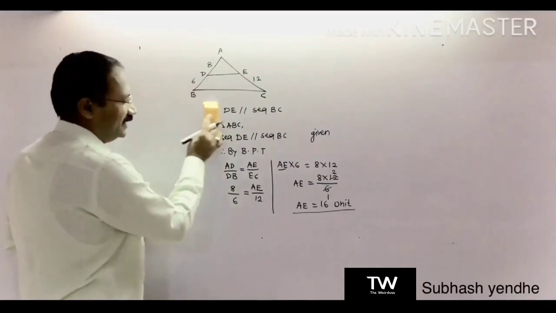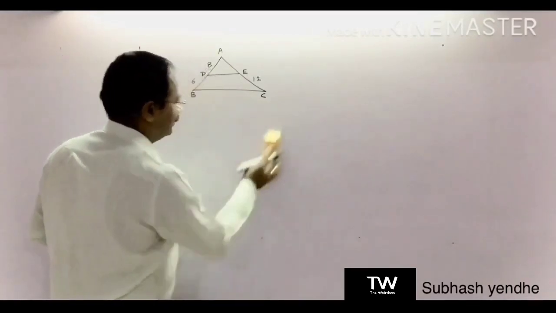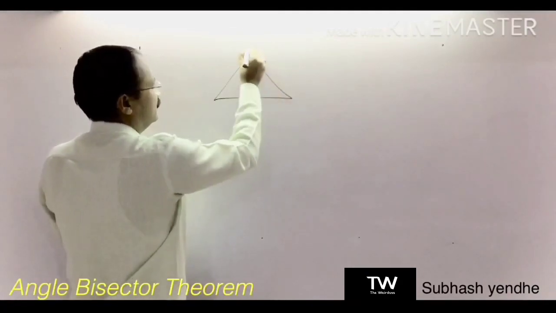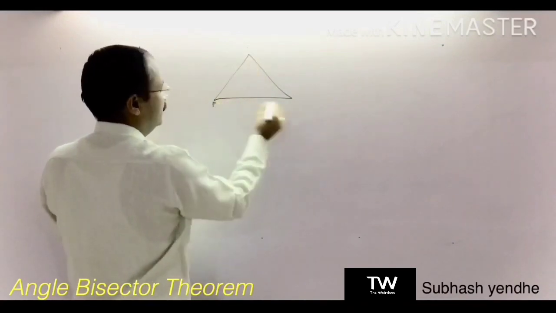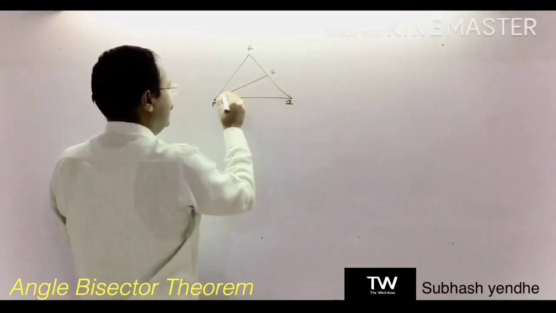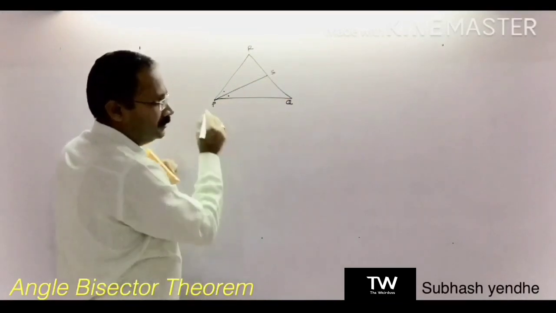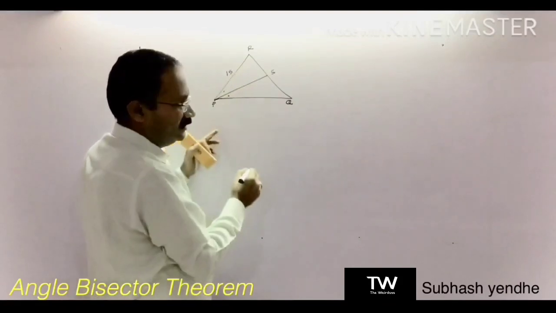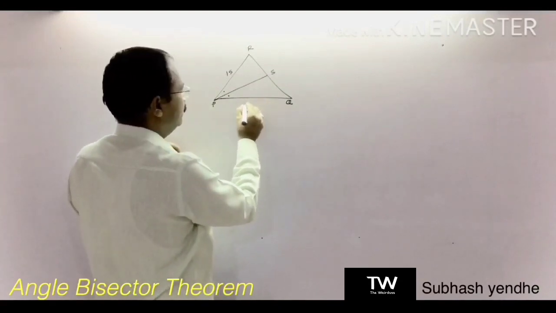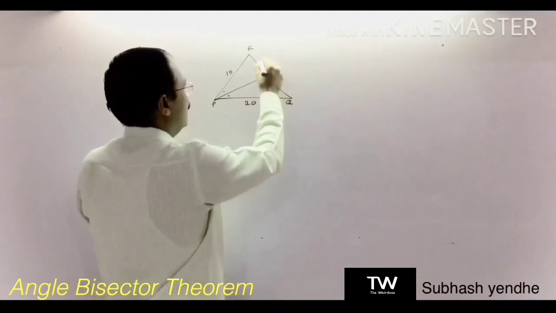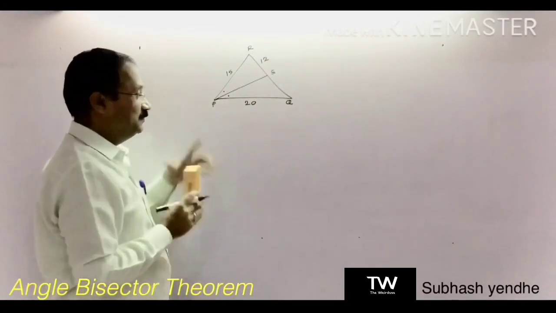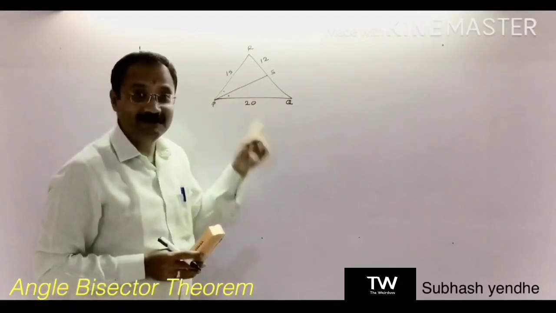Now we are going to see the second sum which is related to the angle bisector. Now see this triangle. This is triangle PQR. This is the line which is the angle bisector here. PR is given 15, QR is given 20, RS is given 12. You have to find out SQ. So I know the point that PS is an angle bisector.